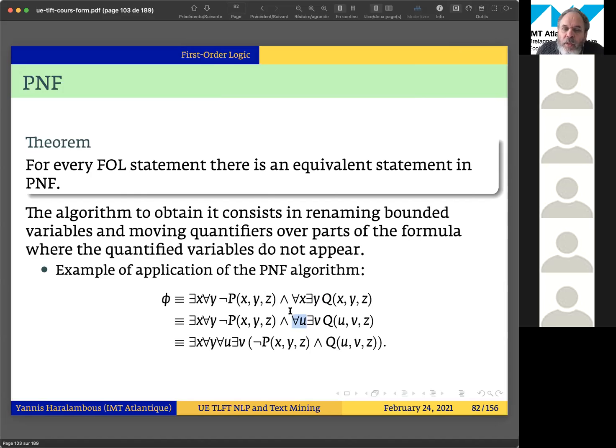Now I have here for all u, and here there is no u. So I can push this u here to the beginning of the formula. Not entirely beginning, because I already have some quantifiers, so it will be after those quantifiers. But since there is no u in this part of the formula, it doesn't change anything if I push u to the beginning. And by doing this, I get all the quantifiers at the beginning.